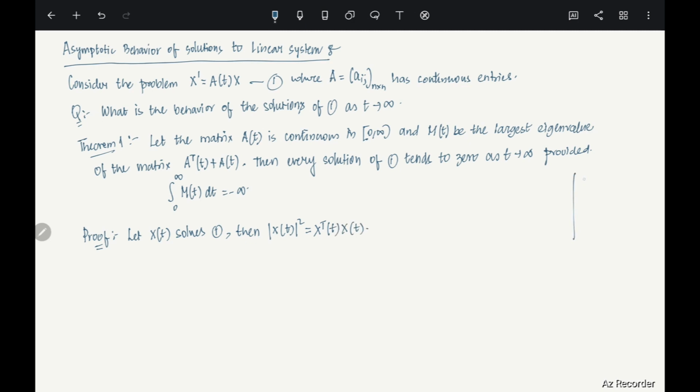See, let's just do it for 2 cross 2. X of t is nothing but x1 of t, x2 of t, right? So the square, if you take the modulus squared, that will be x1 squared plus x2 squared. Okay, now you can break it, you see, x1 x2 and x1 x2. If you just do that, then you can see that if you multiply it, it is going to be this thing.